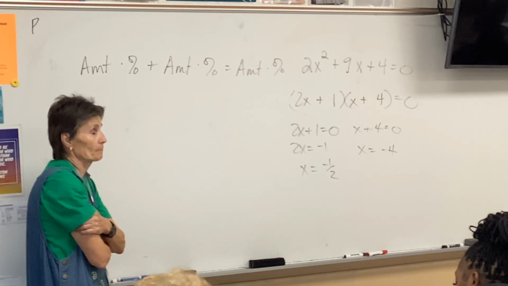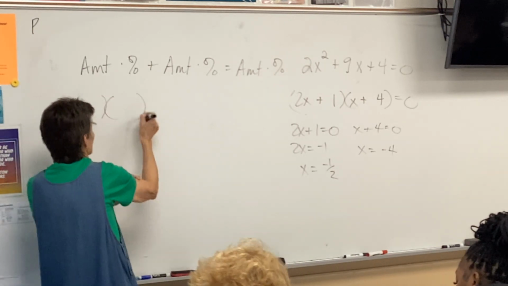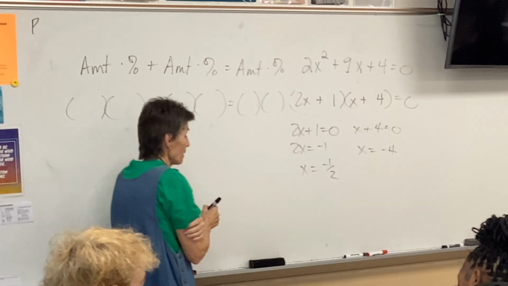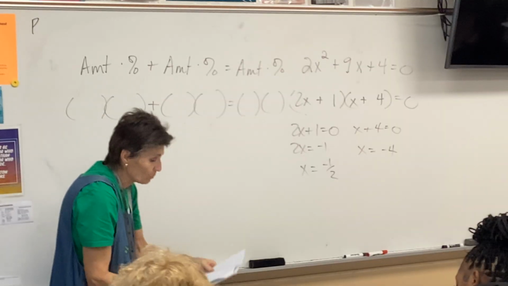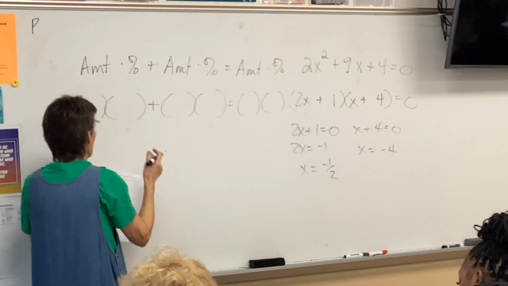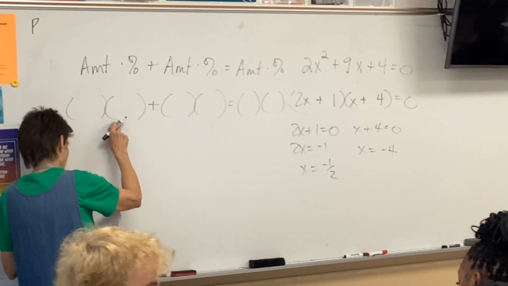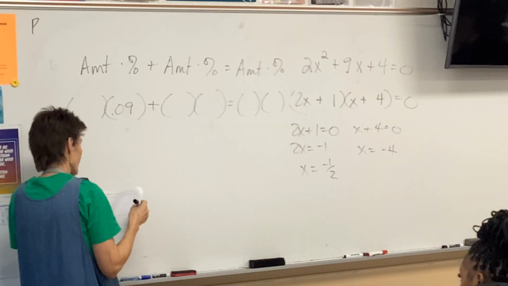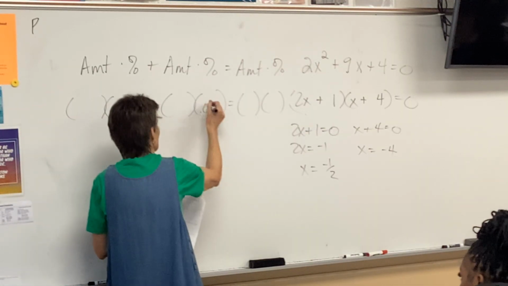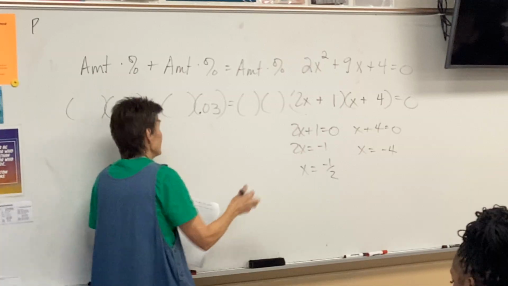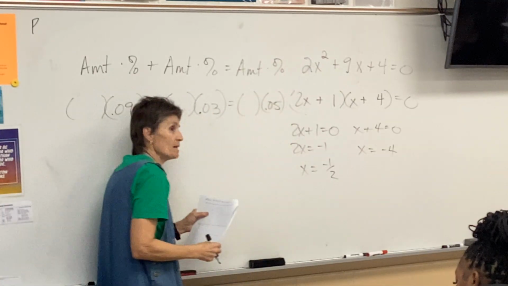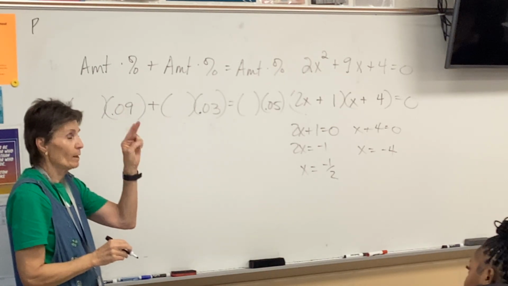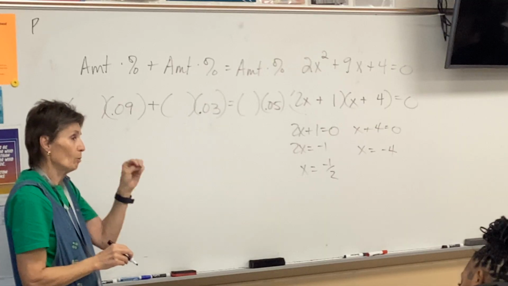Set up? Some of you like to skip steps. I would not. I would start with putting in my percentages. What is the decimal for 9%? 0.09, yep. And then 3%, and then 5%. Please make sure that you are getting 2 digits there for your percent: 0.05, 0.03, 0.09.